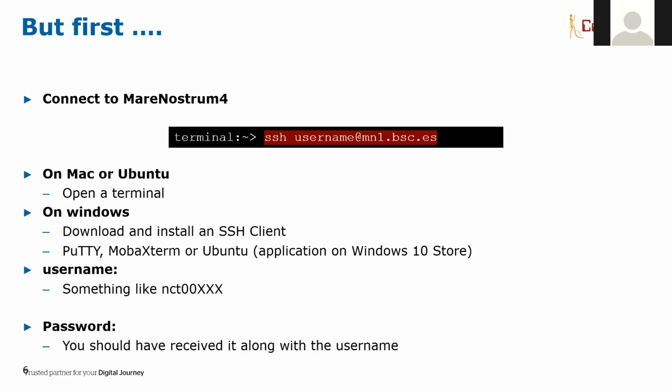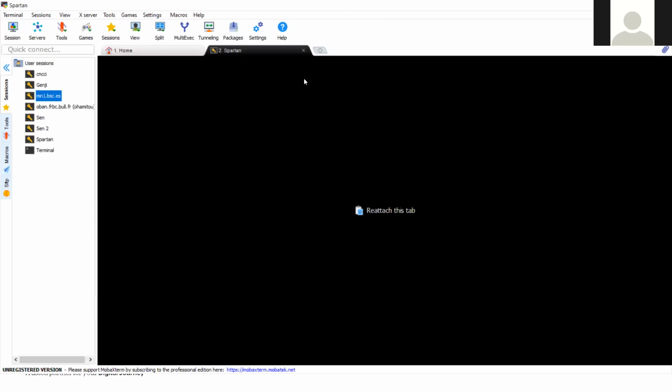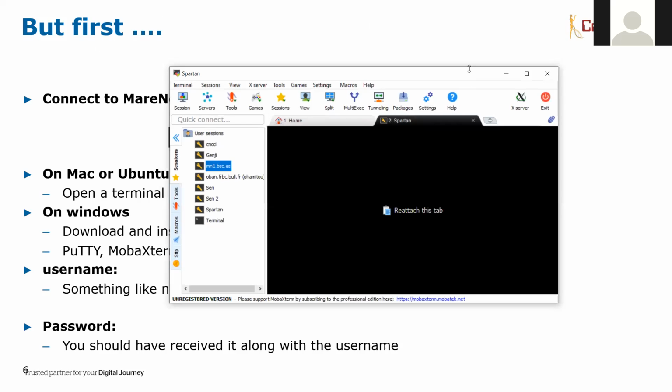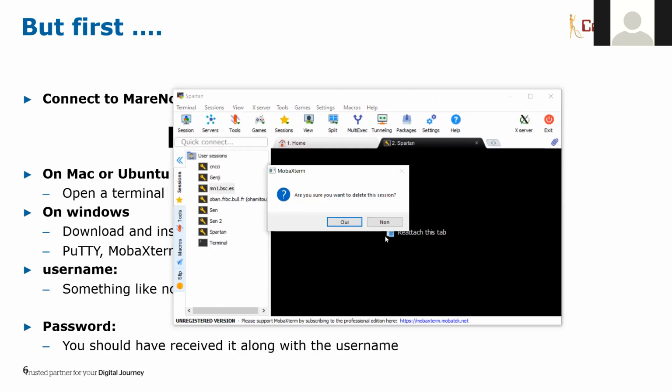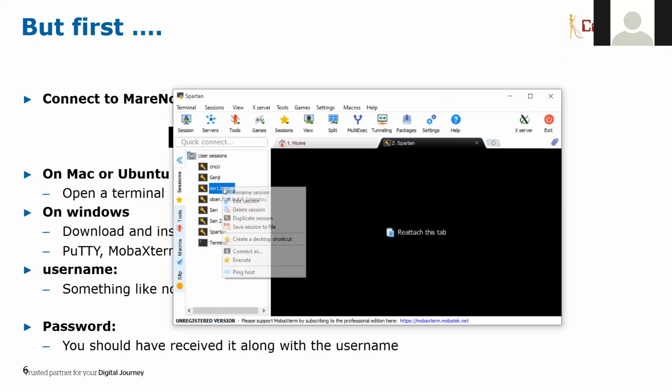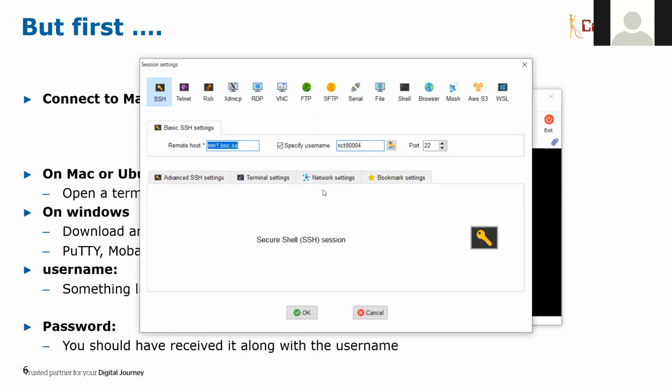A cluster has different nodes to which you can connect. In this case we are using mn1.bsc.es, but it is possible to use, for example, mn2.bsc.es or mn3.bsc.es. You can use one of those alternatively. If you try with mn2 right now, maybe you get in.